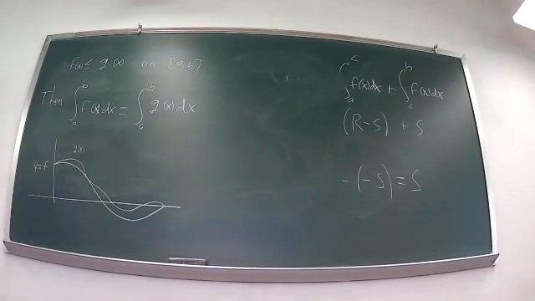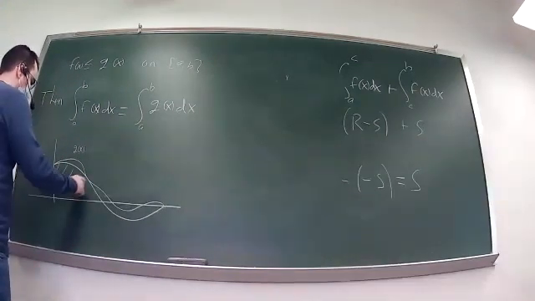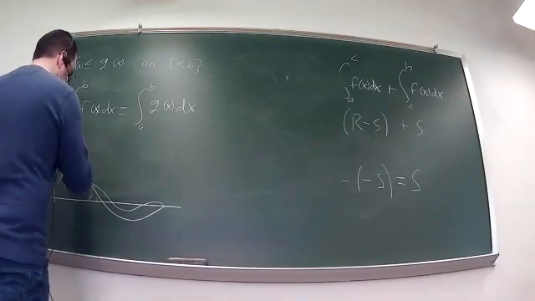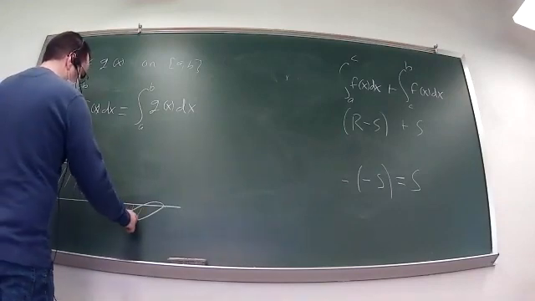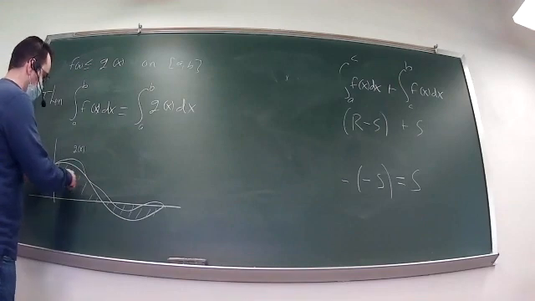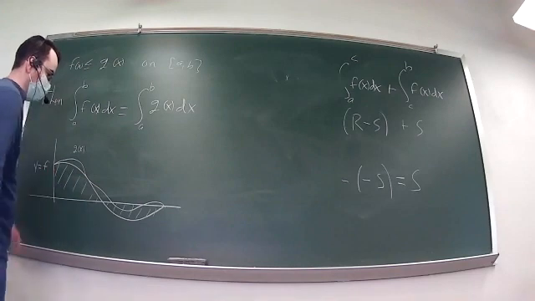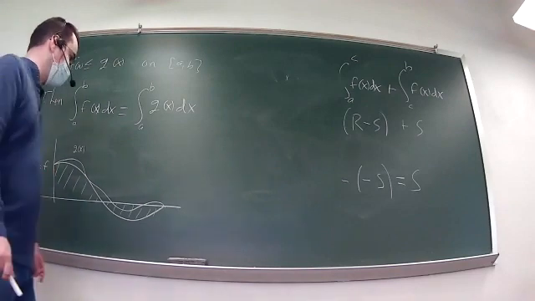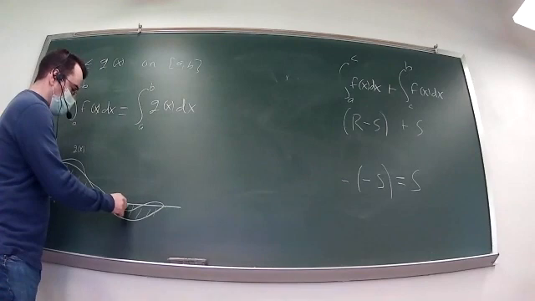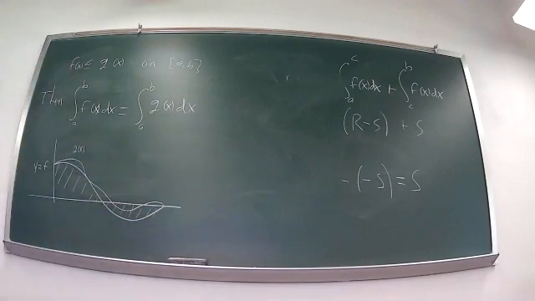So f of x is definitely less than or equal to g of x at all times, and the signed area under the curve f of x is like this part minus that part, whereas the signed area for g of x automatically includes all of the positive part for f and perhaps some more stuff. And it's guaranteed to be subtracting away less than what you're subtracting away for the negative part.